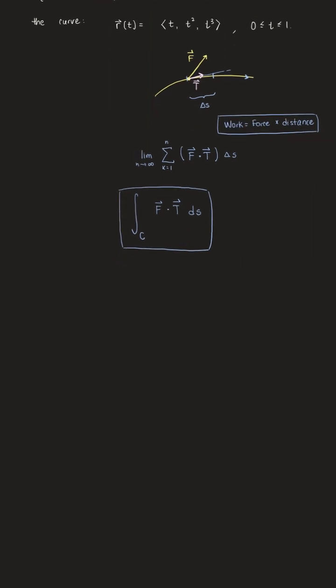We also saw in the previous video that there are different forms of this that will allow us to solve our integral. So we're going to write the work done as this vector line integral over the curve of the dot product of F and T along a little piece of curve.